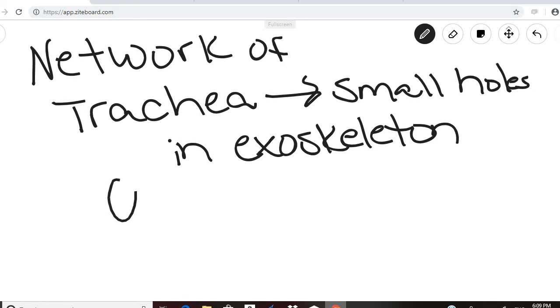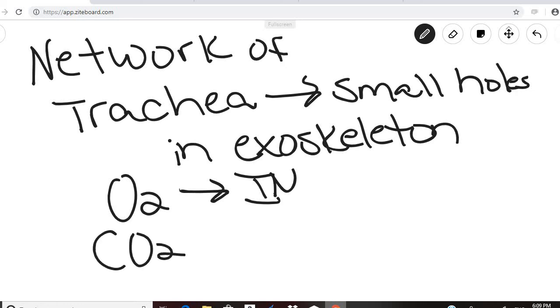So the oxygen can move into the insect, and carbon dioxide can move out of the insect.